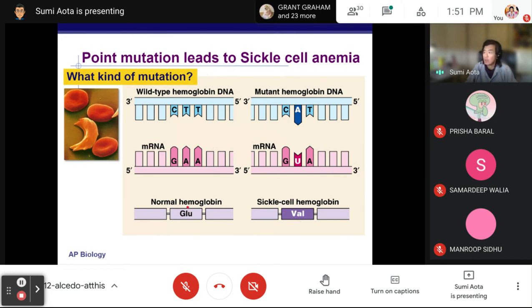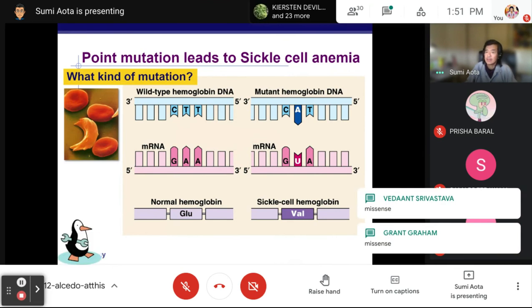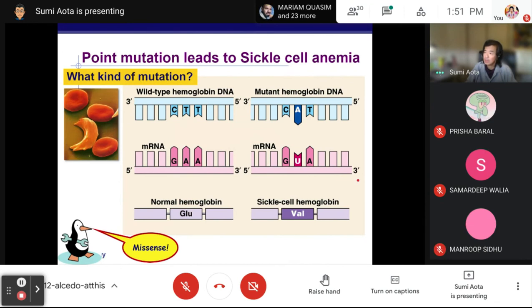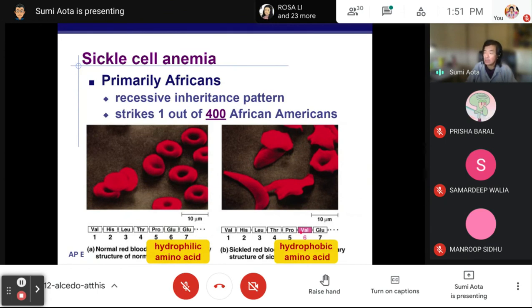Okay, so what kind of mutation is this of the three that we've been discussing? Silent, missense, or nonsense? Yeah, this is a missense mutation. It's a typo. Okay, why does this cause sickle cell anemia? Okay, well, GLU, amino acid number 6 on the hemoglobin normally is hydrophilic, but VAL is hydrophobic.